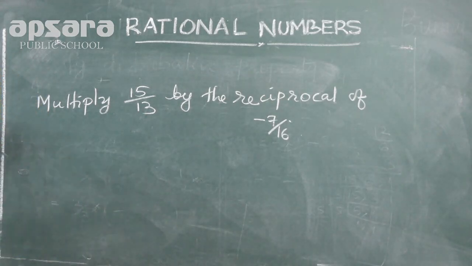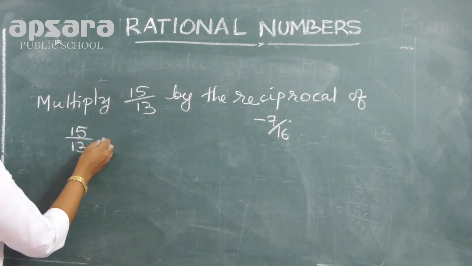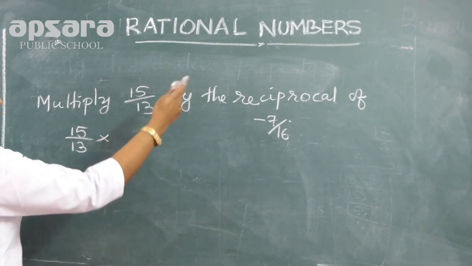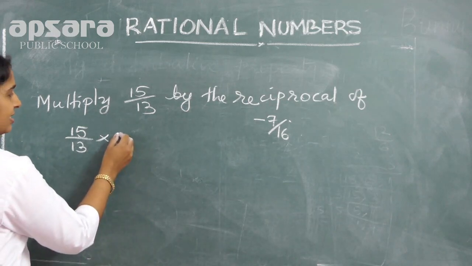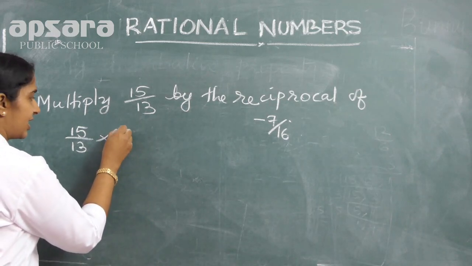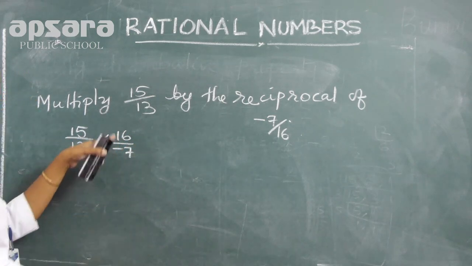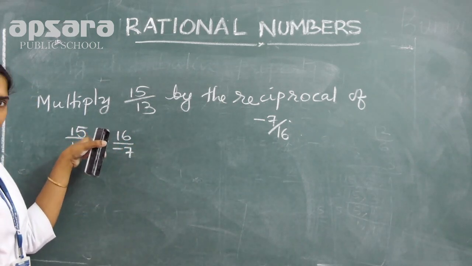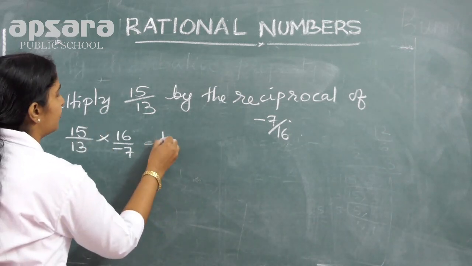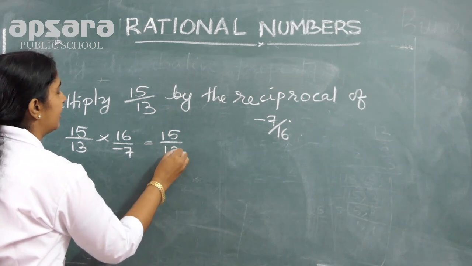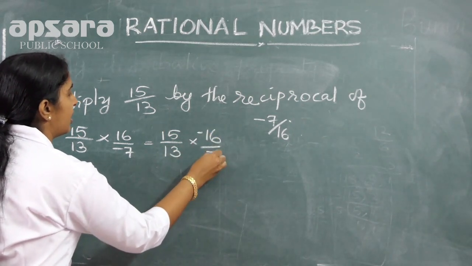Yes. So what you have to do is multiply 15 by 13 with the reciprocal of minus 7 by 16. You can write it as 16 by minus 7, or just give the negative sign on the numerator itself. Both are same, okay? Equal to 15 by 13 into minus 16 by 7.